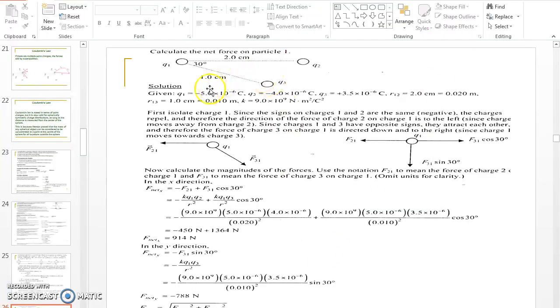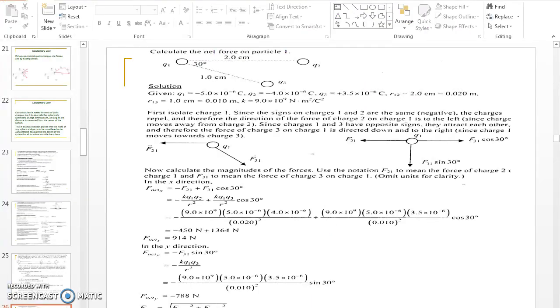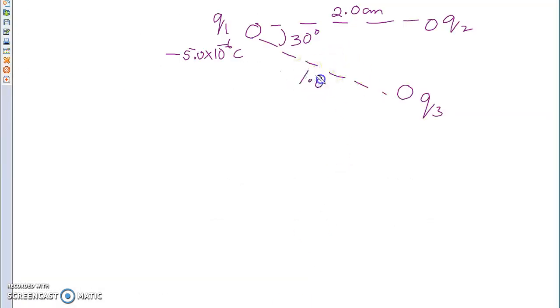Q1 has a charge of negative 5.0 times 10 to the negative 6 coulombs. This distance right here is 2.0 centimeters, and this one is 1.0 centimeter.